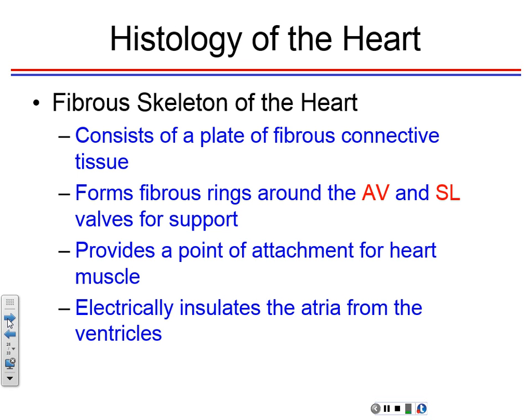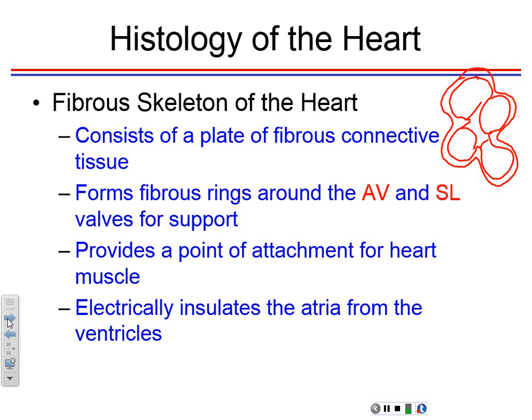Okay, this is the heart's fibrous skeleton I was talking about, that surrounds the atrioventricular valves and the semilunar valves. So there are two semilunar valves and two atrioventricular valves. Around them is a very, very tough connective tissue surrounding these valves.